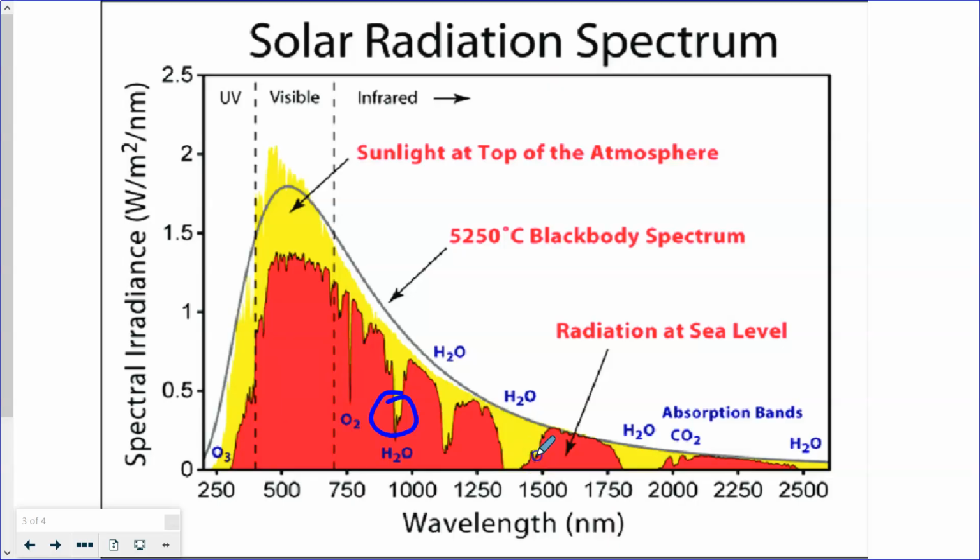We're not seeing very much, if any, of the radiation actually reaching the Earth, and especially in our infrared range here. So what's going on with these dips where at the top of the atmosphere we have a certain amount of incoming infrared radiation, but none of that infrared actually makes it to the surface of the Earth?